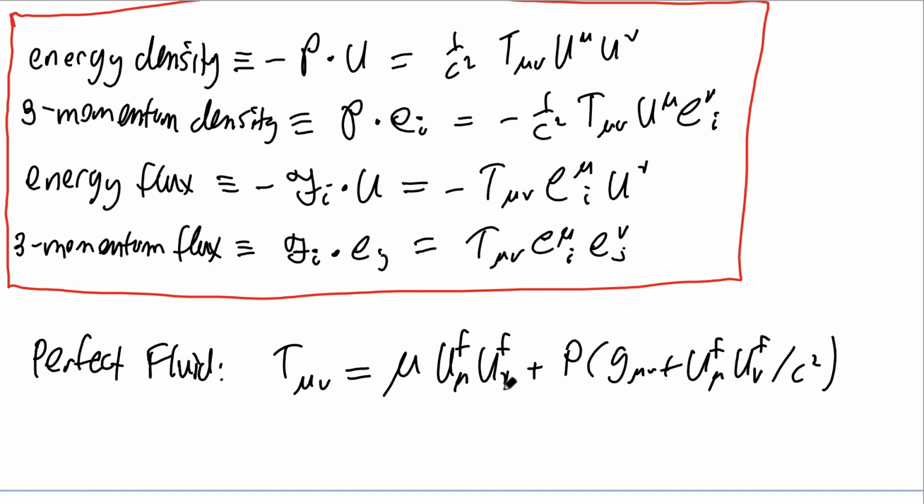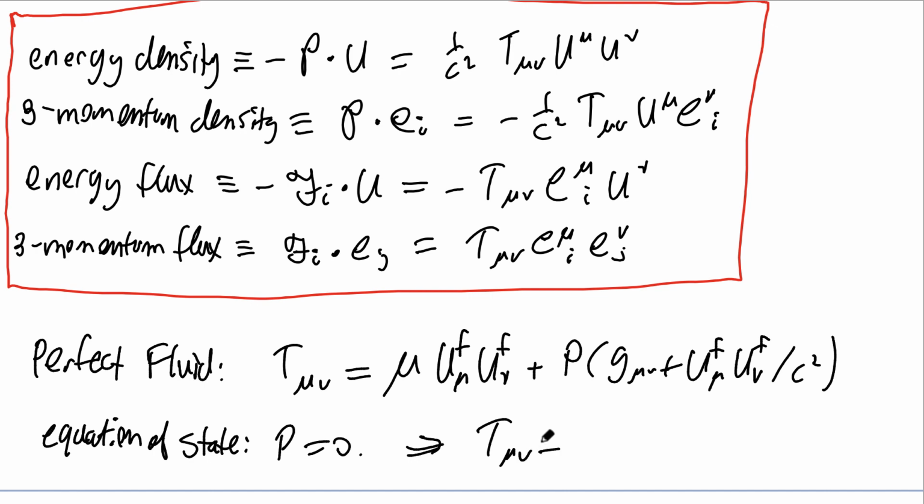So what I want to do is to make things especially simple. I want to choose an equation of state that says that the pressure is always 0. So the equation of state choice is simply P equals 0. This is a pressureless fluid, and this is sometimes referred to as dust.